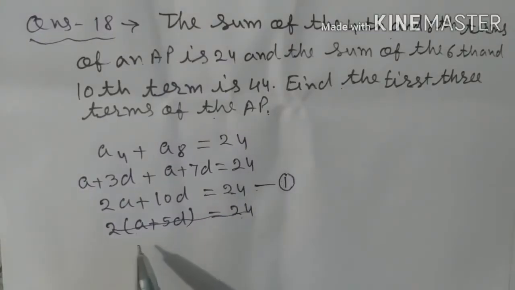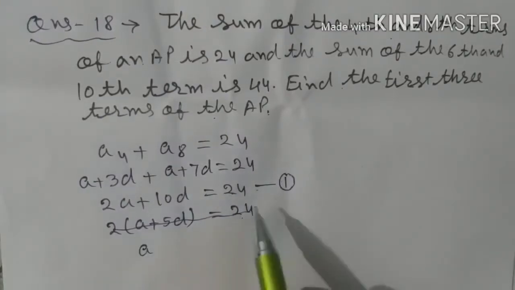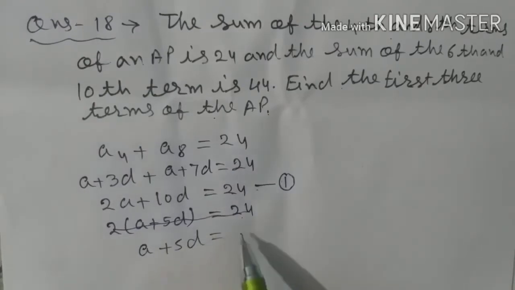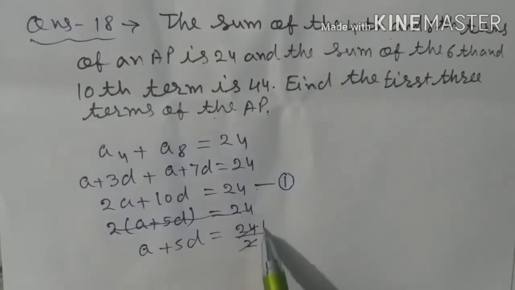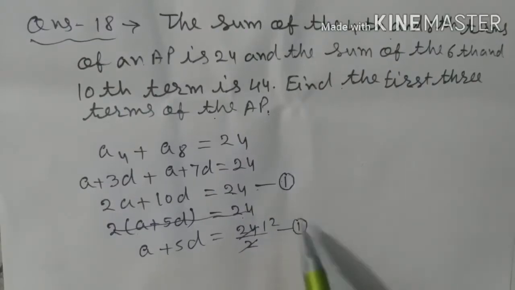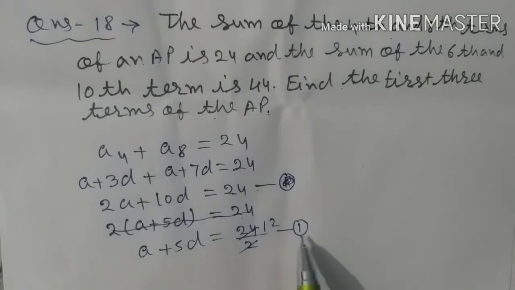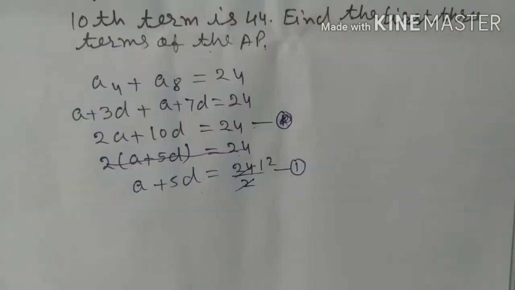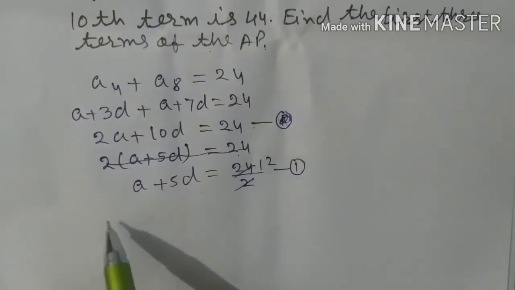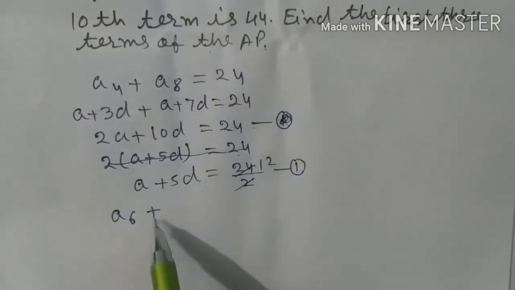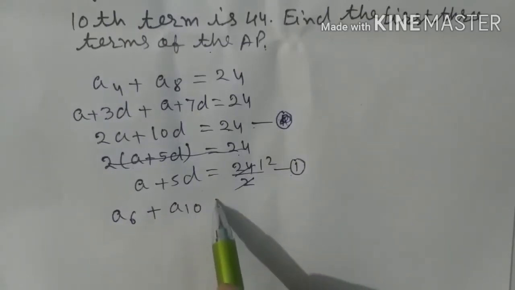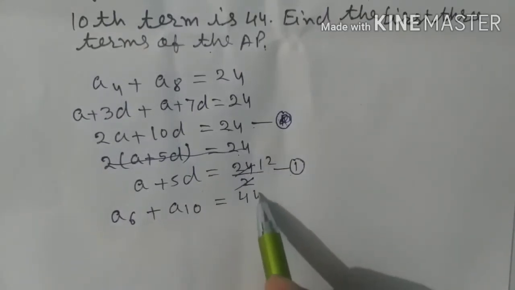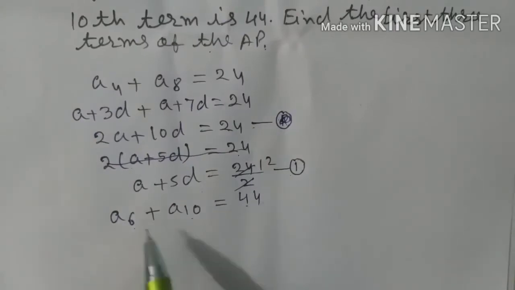So A plus 5D equals 24 upon 2, which becomes 12. Equation number 1: A plus 5D is equal to 12. Now the sum of the 6th and 10th terms. A6 and A10 sum is 44.